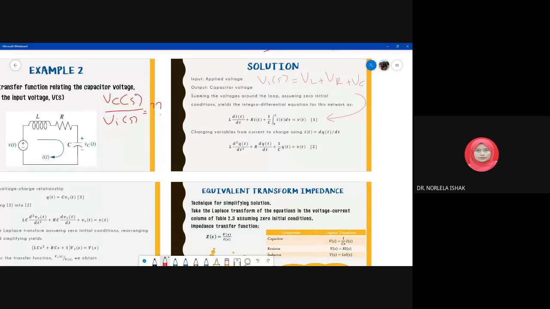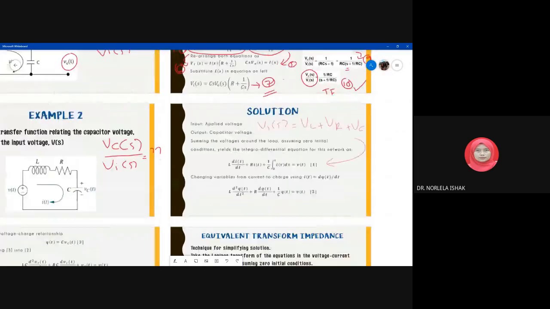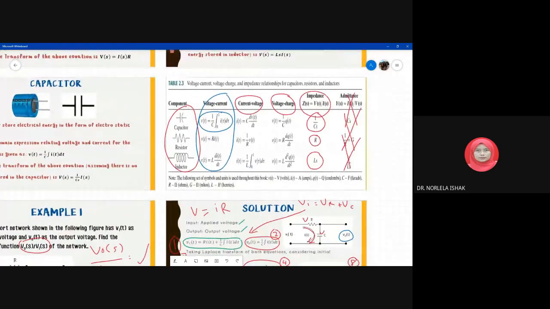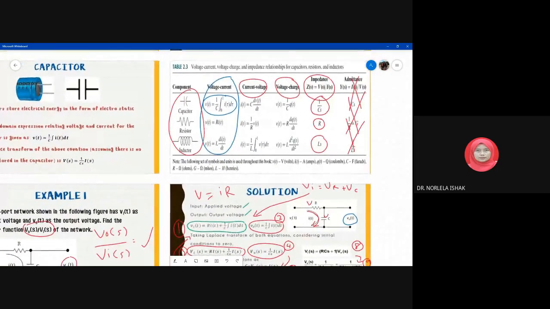Okay, how to derive the inductor voltage in terms of the current given? Let me check from table 2.3, the relationship between voltage and current.